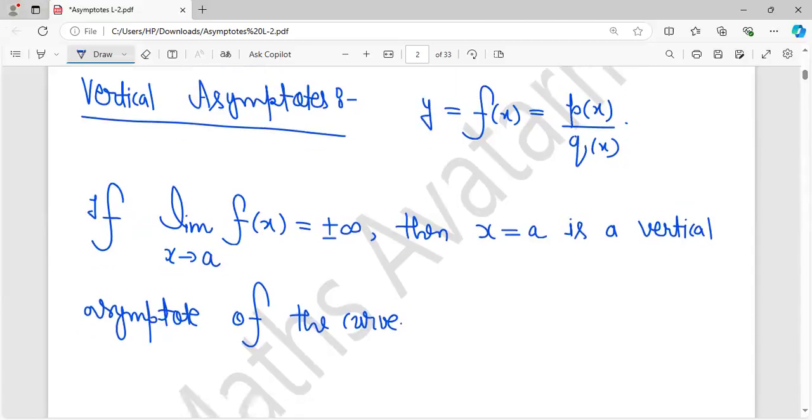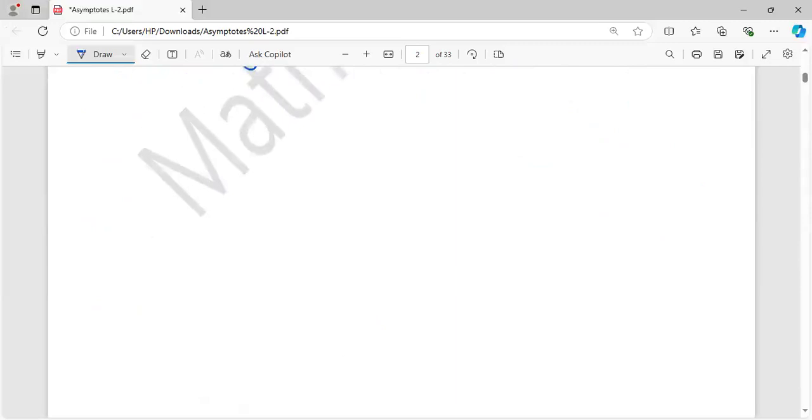Now how to find horizontal or oblique asymptotes?